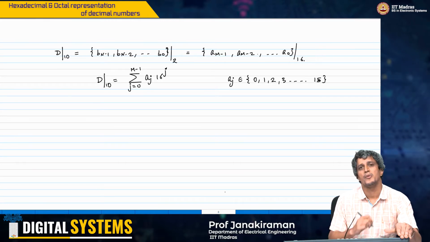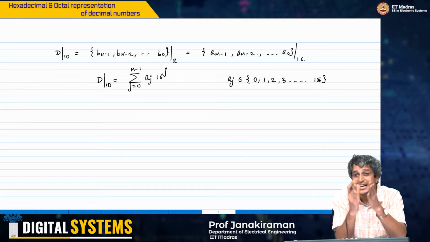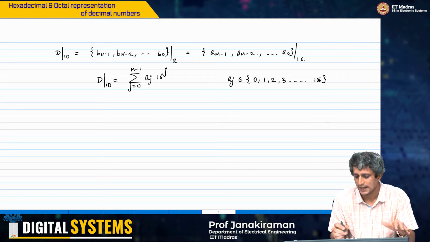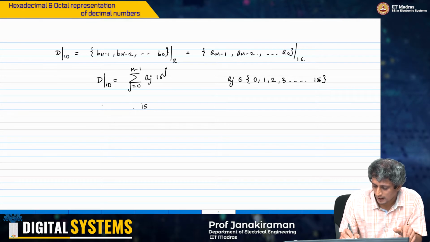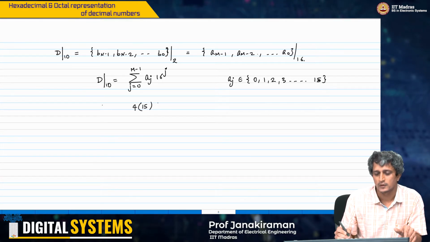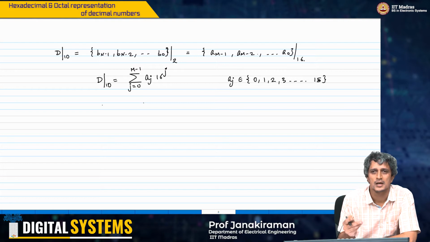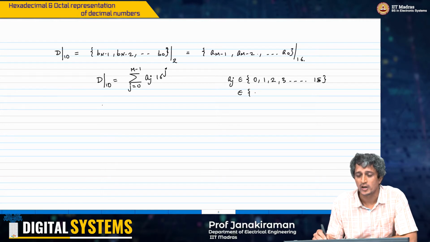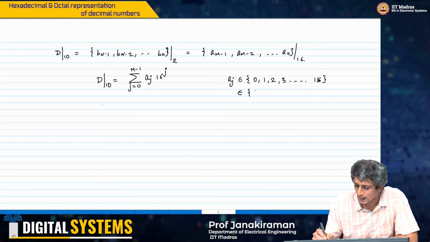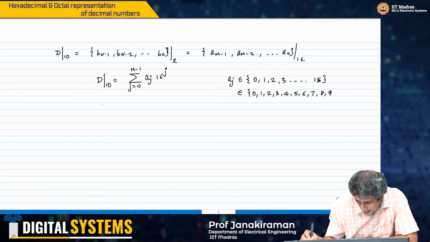Now the problem is that the number 15 itself has two digits, right? It has two symbols, 1 and 5, and therefore I cannot write a hexadecimal number as 154. Each of these hexadecimal digits must have a meaning and value of its own, and therefore this is going to be represented slightly differently. We will say 0, 1, 2, 3, 4, 5, 6, 7, 8, 9.